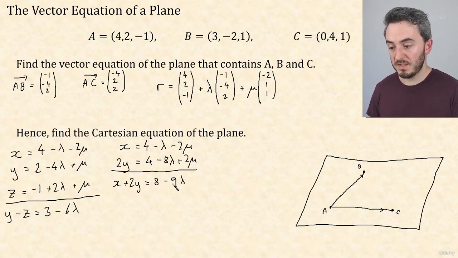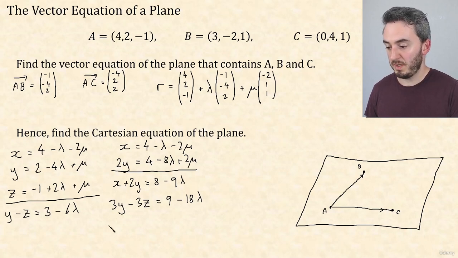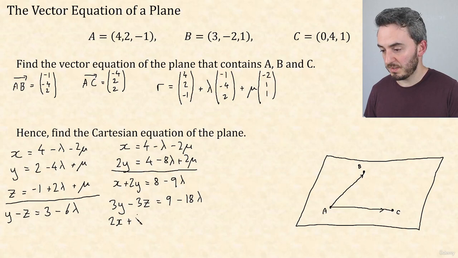Now all I need to do is eliminate the lambdas. I'm aiming for 18 lambda on both of these. So I'll multiply this line by 3 to get 3y minus 3z equals 9 minus 18 lambda. And for this one, I'll multiply by 2, so I'll get 2x plus 4y equals 16 minus 18 lambda.